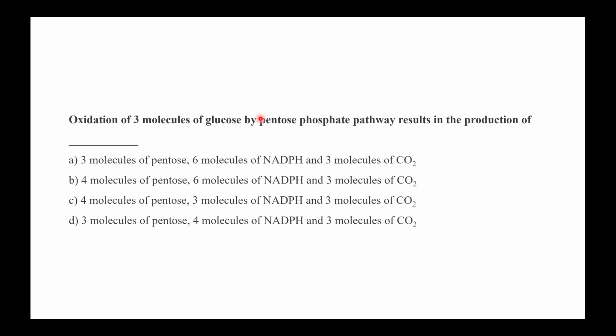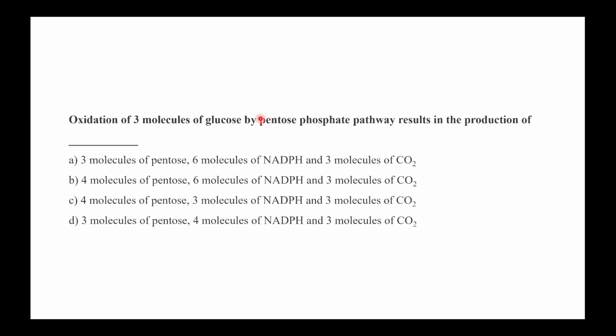Okay, so now we have 18 carbon. From those 18 carbon, first every molecule of glucose will release one CO2. So 3 molecules of glucose are going to give 3 CO2. So 3 carbons are gone. So remaining how many carbons? 18 minus 3 is 15, right? And now 15 carbons and we need pentose sugars.